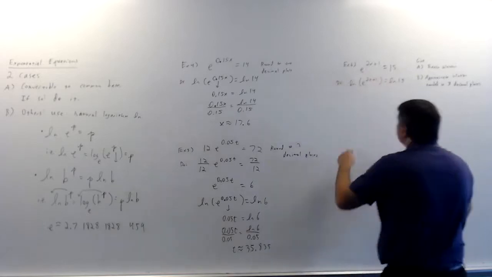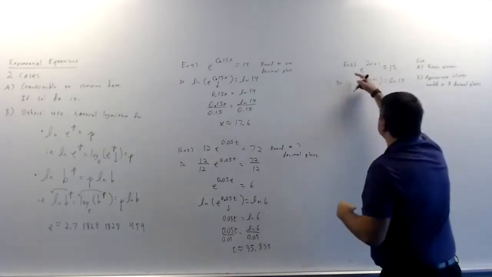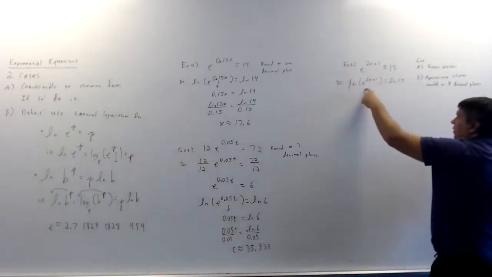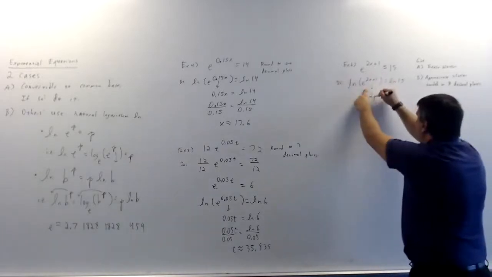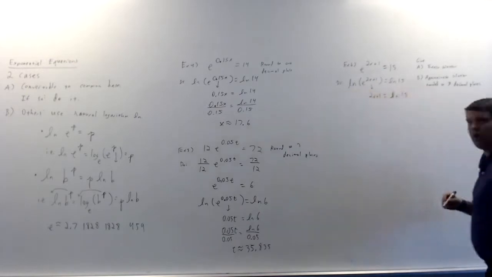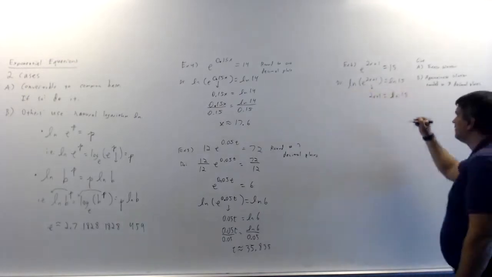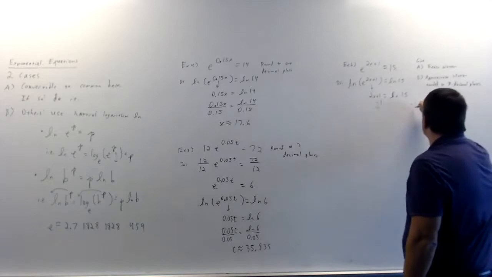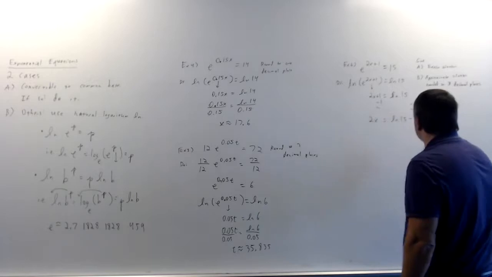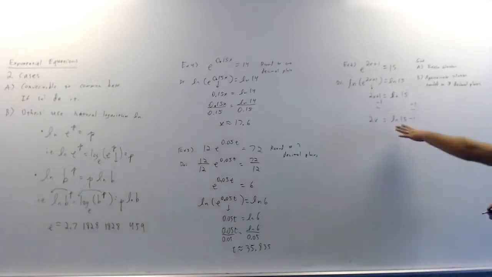Now, because this is log base e of e to a power, it just gives me the power. Like so. I'll go ahead and subtract the 1, and we have 2x equals the natural log of 15 minus 1.